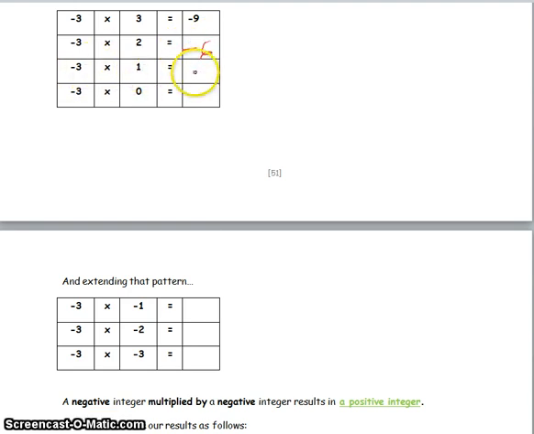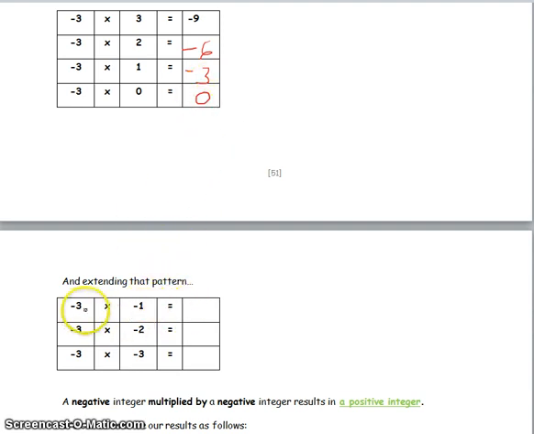Negative 3 times negative 1 is negative 3, and negative 3 times 0 is 0. Now, unlike the first example where we were subtracting 3 as we went along, we're actually adding 3 here, because negative 9 plus 3 is negative 6, negative 6 plus 3 is negative 3, and negative 3 plus 3 is 0.